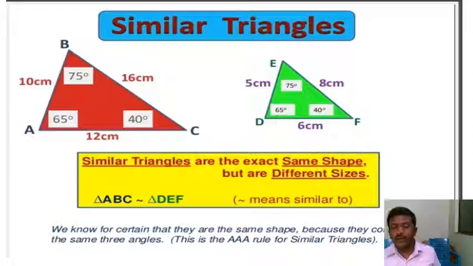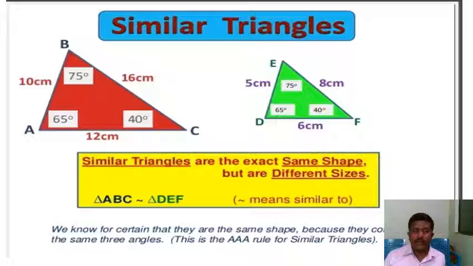We also learn that when two triangles are similar, then those triangles are also of the exact same shape but different sizes. Look here, triangle ABC and triangle DEF.